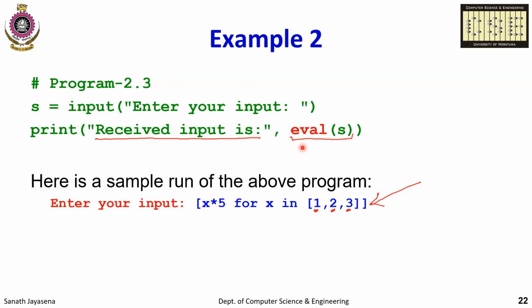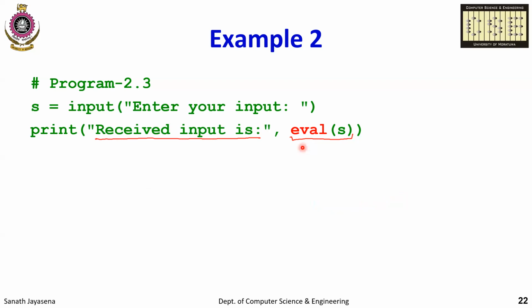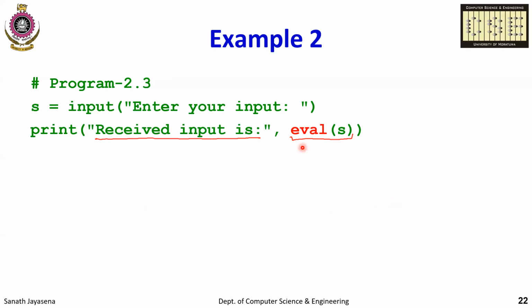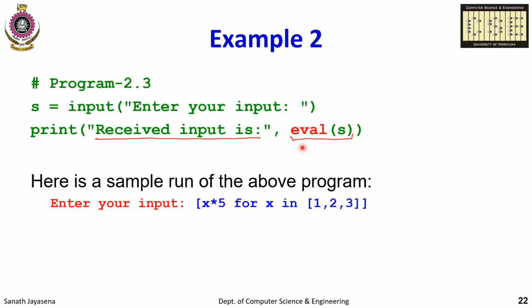This is not like the previous example, where you could see it's simply hello Python that we entered, and that is displayed just like that. This time, we are expecting a valid Python expression as input from the keyboard, and that input expression is evaluated.